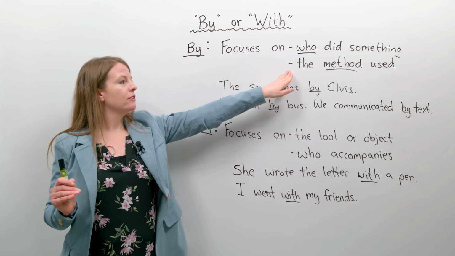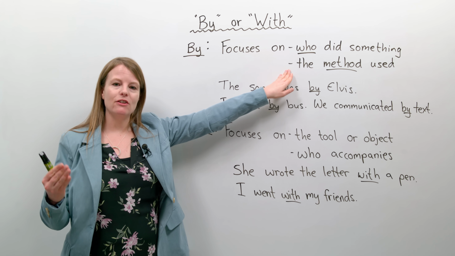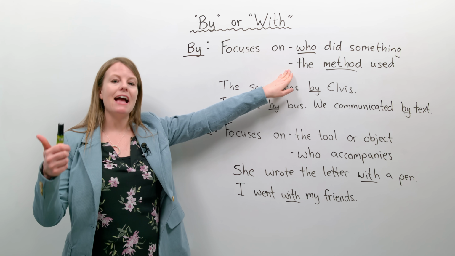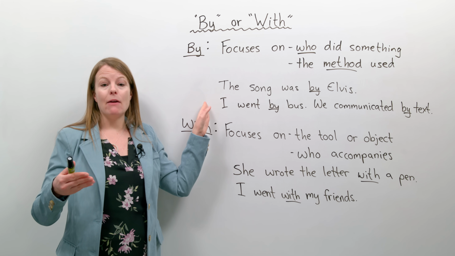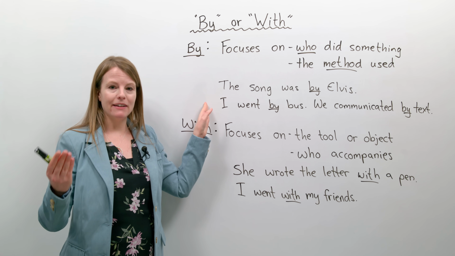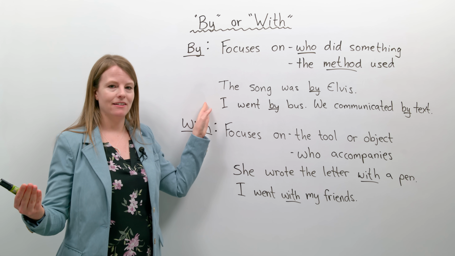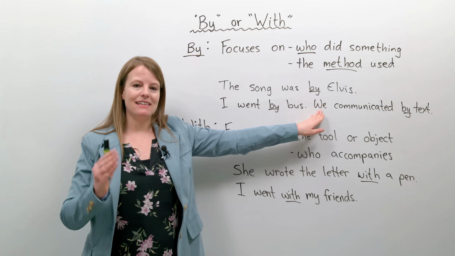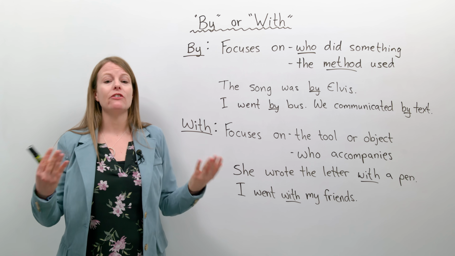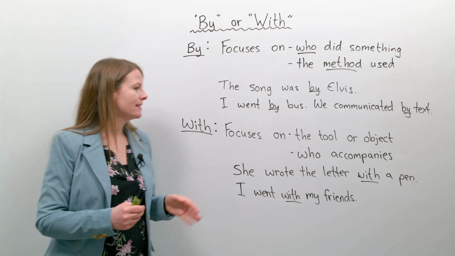We use by to focus on a method used. So for example, how something was done. Here's an example. I went by bus. Bus was the transportation method. How did you communicate? We communicated by text. So it tells you how something was done.